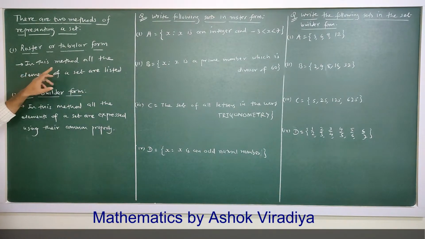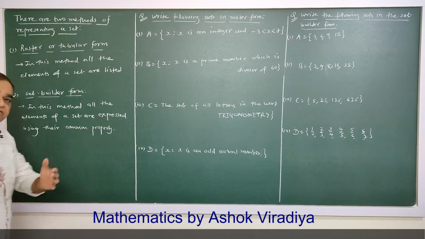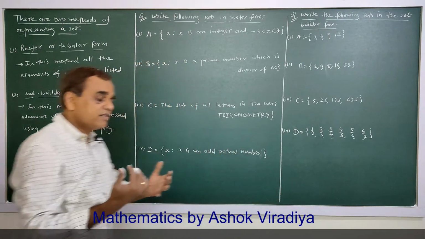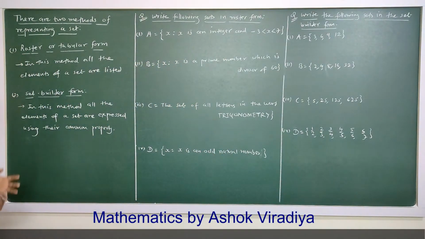Means if we write a list of elements, then it is roster form. And the second method is set builder form. In this method, all the elements of a set are expressed using their common property. Let us understand these two words in this example.